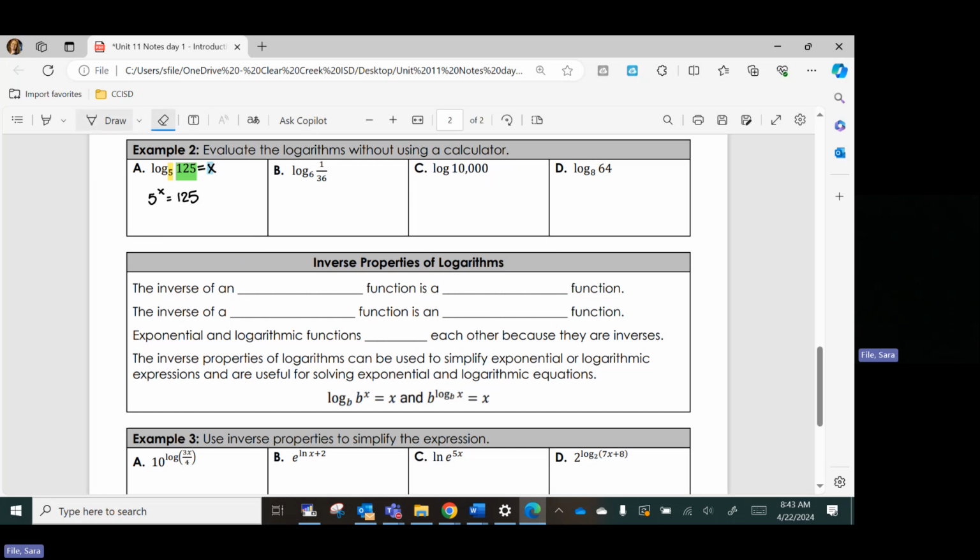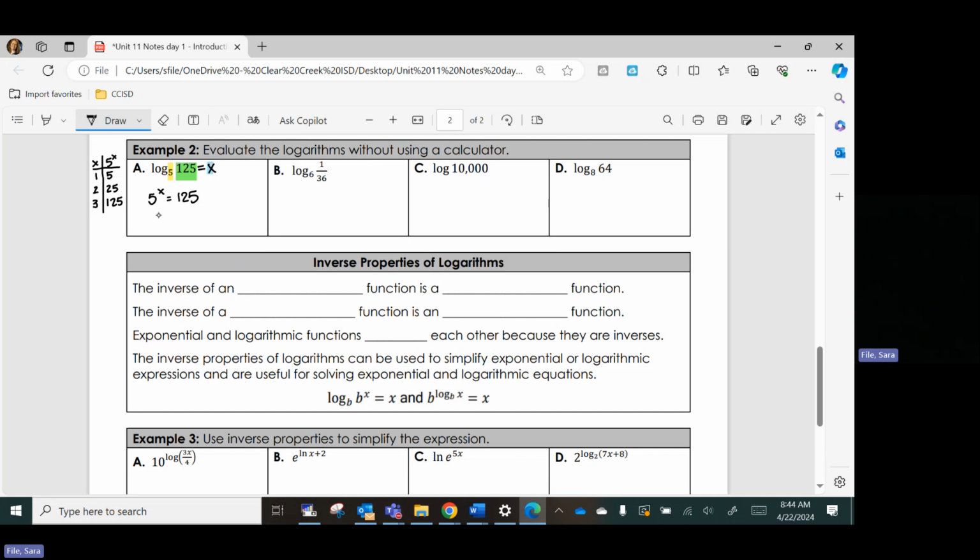Writing my table backward. All right, so if x is 1, 5 to the first power is 5, right? What's 5 squared? 5 cubed. There it is. That's the 125. It's when x is 3.